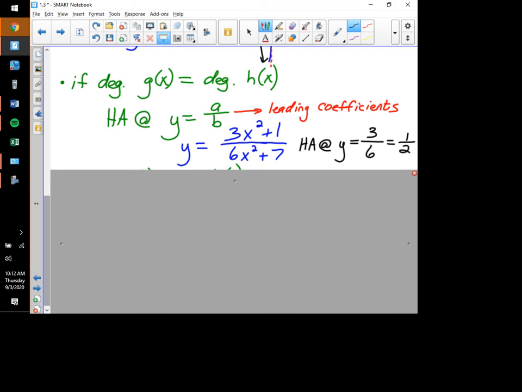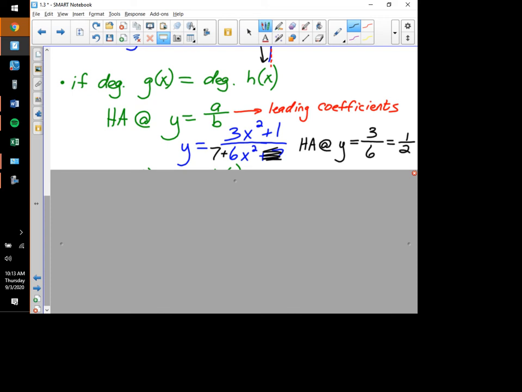Now, one thing I think you all know, but I want to go ahead and just say, don't be fooled by the order of the terms in a polynomial. You guys know that that's irrelevant. If I was to rewrite the denominator in the opposite order as 7 plus 6x squared, that really didn't change anything at all. The leading coefficient of the denominator is not 7 now.